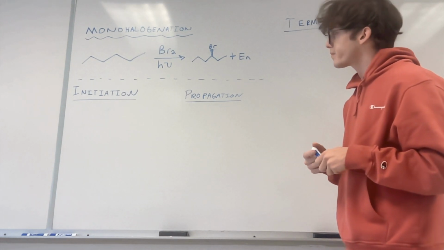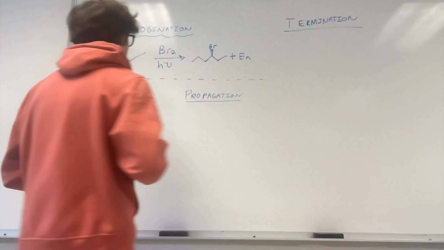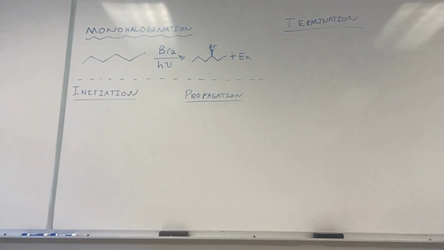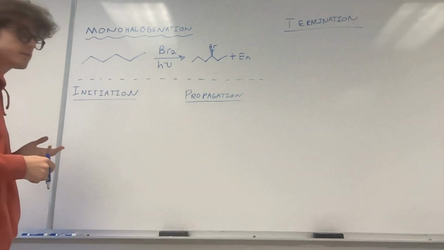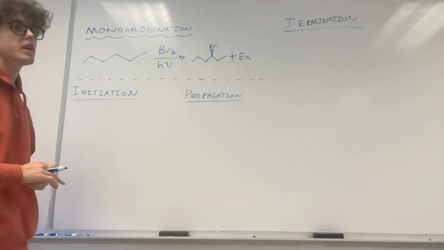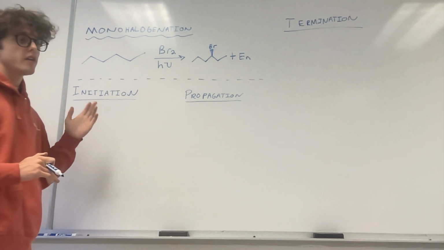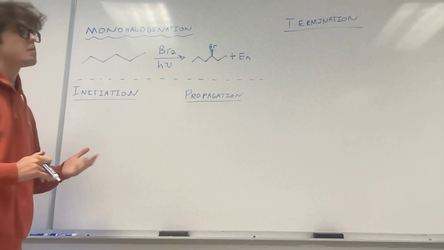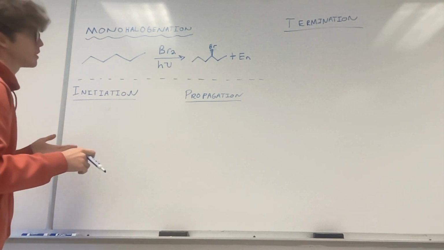Okay, so quite simple here. We're going to have our first step, which is called initiation. Initiation of a radical mechanism is when you have a non-radical species being turned radical. So what does that look like?